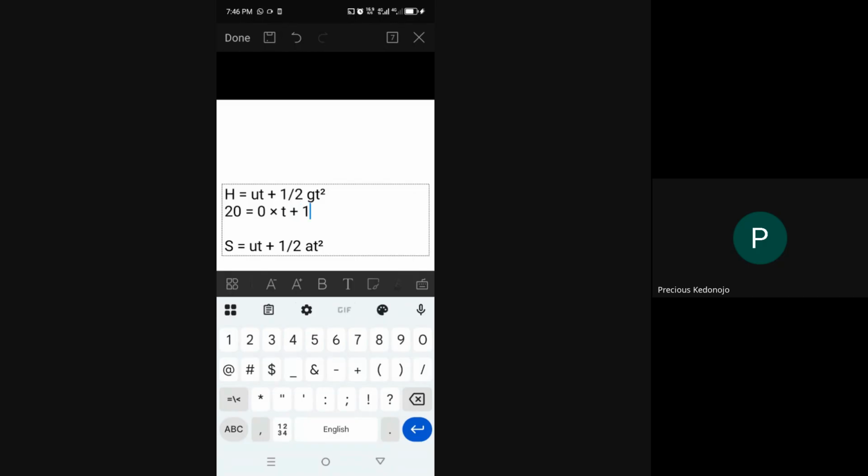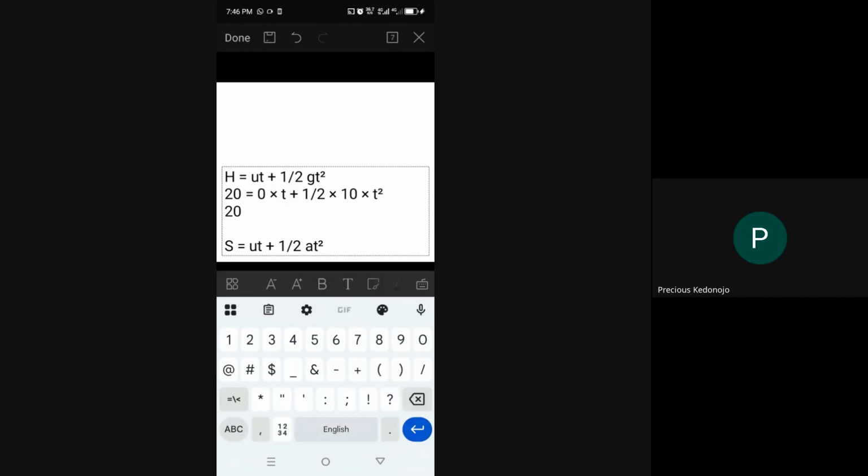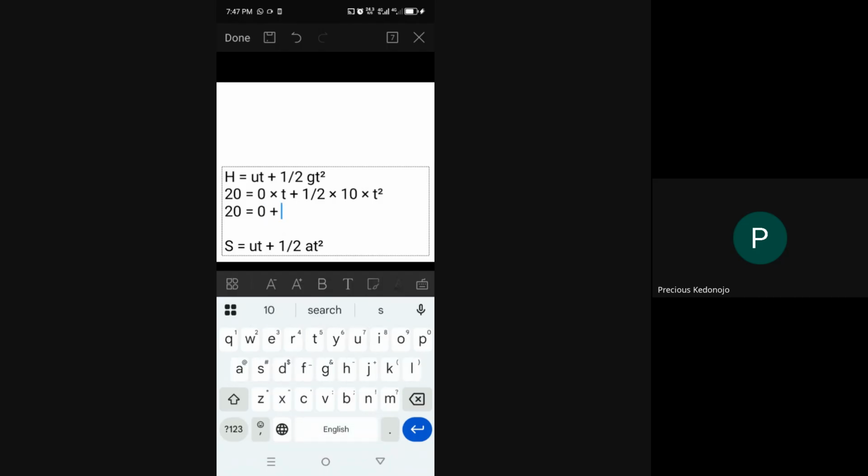So 20 is equal to 0 times t, which is 0, plus 1 over 2 times 10 times t squared.